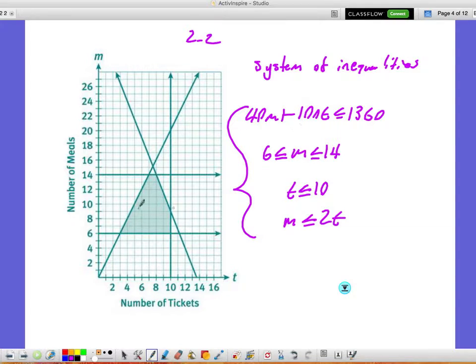And when we graphed this, basically the shaded area represented all the solutions. The shaded area and the solid lines that were a boundary of the shaded area. So that is what a system of linear inequalities looks like.